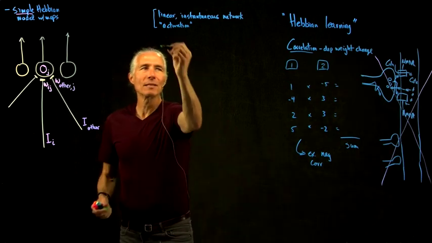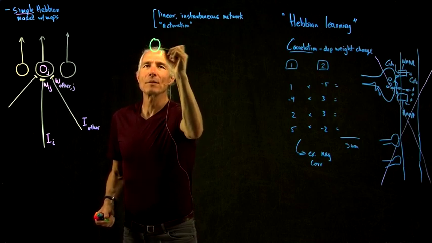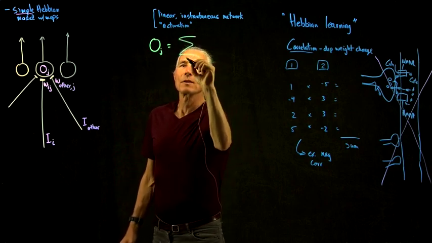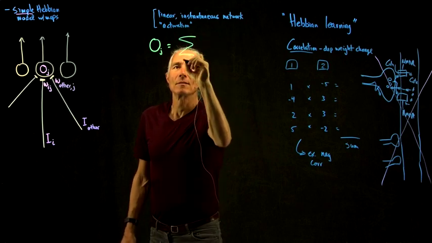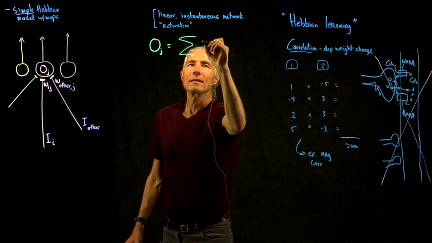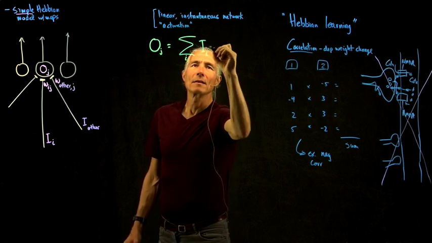And so what are the equations for this? They're just extremely simple equations. So our input-output rule says the output of a unit is just equal to the sum over all the inputs of each input, whatever the number is, the activation, times the weight.